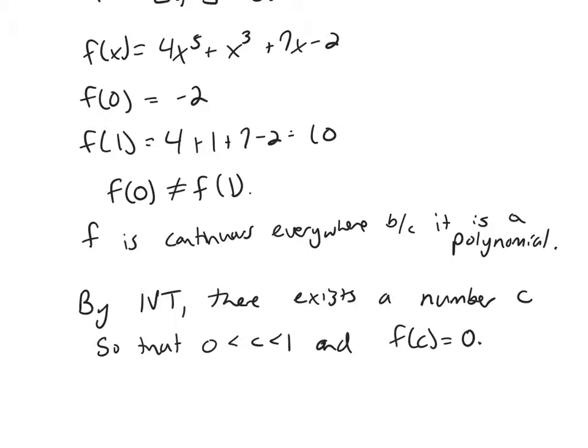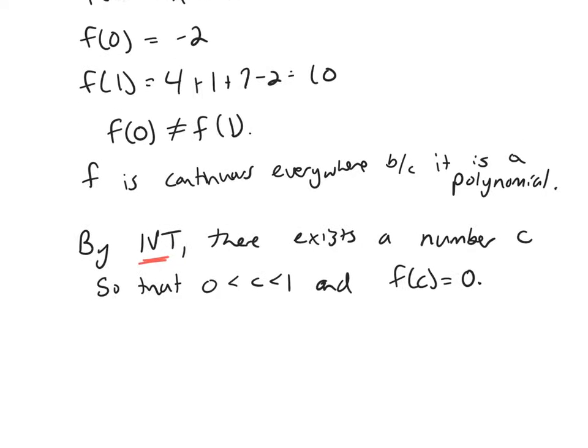So in the intermediate value theorem, I'm using the value k is 0. This tells me that my function f of x has a real root. C would be that root because when I plug in c into my function, I get 0. So that tells me I have a real root.